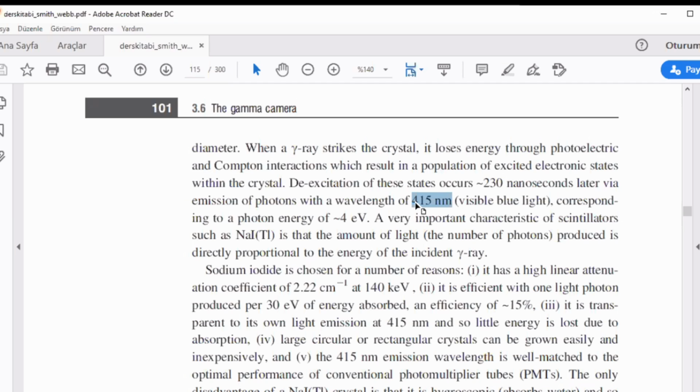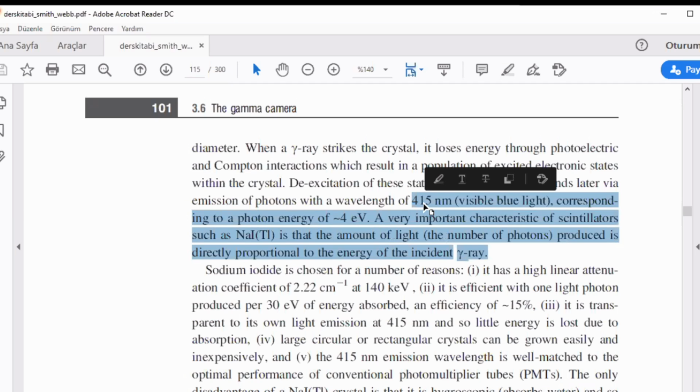So a gamma ray or X-ray photon hitting the surface creates that visible blue light photon after around 200 nanoseconds or so. That corresponds to a photon energy of around 4 electron volts. A very important characteristic of scintillators such as this one is that the amount of light, the number of photons produced, is directly proportional to the energy of the X-ray.